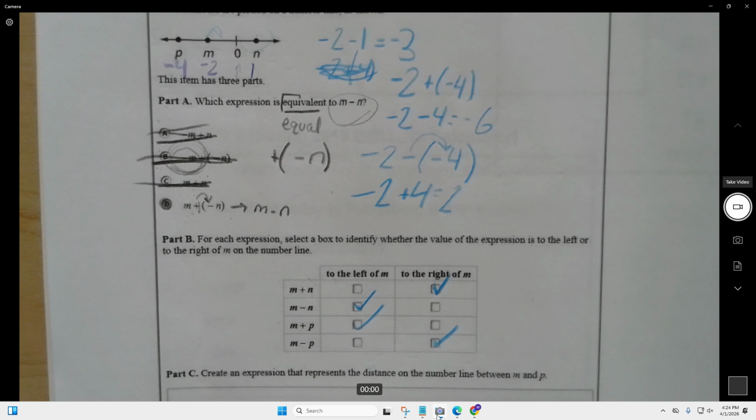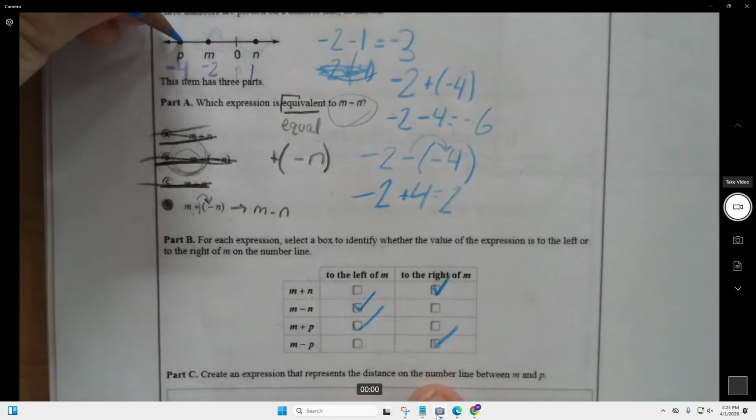Create an expression that represents the distance on the number line between m and p. Excuse me. Create an expression that represents the distance on the number line between m and p. So you're trying to create an expression that represents this area.